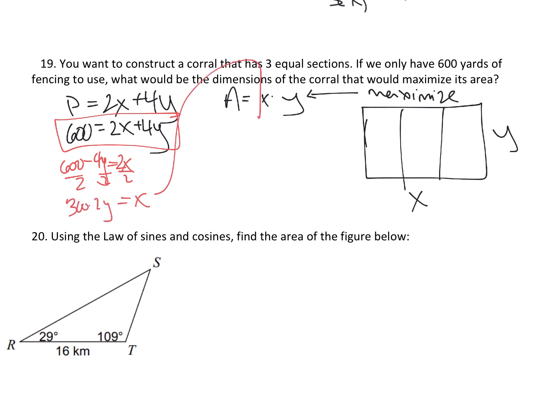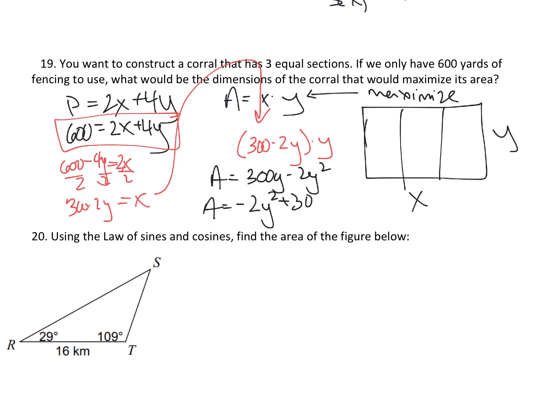I can replace this x with that, so I get that the area equation is 300y minus 2y squared. Let me rewrite this like that.